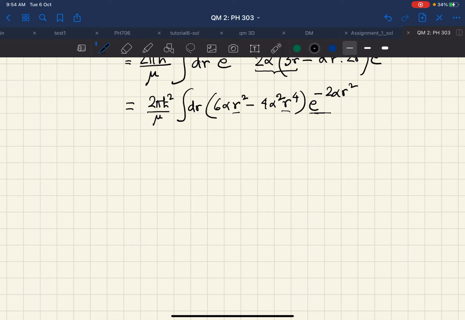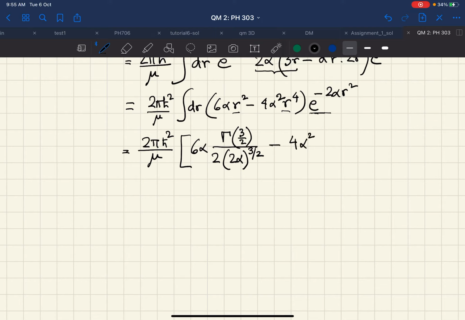What we will have here is this 2 pi h cross square by mu into, we will have 6 alpha, and then there will be gamma 3 by 2 divided by 2 into 2 alpha to the power 3 by 2, minus 4 alpha square, and we will have r4 e to the minus 2 alpha r square.